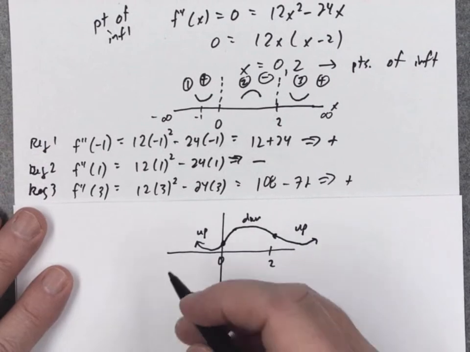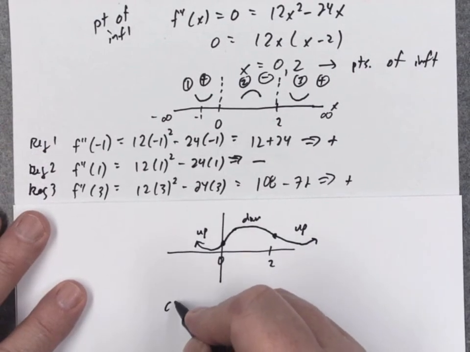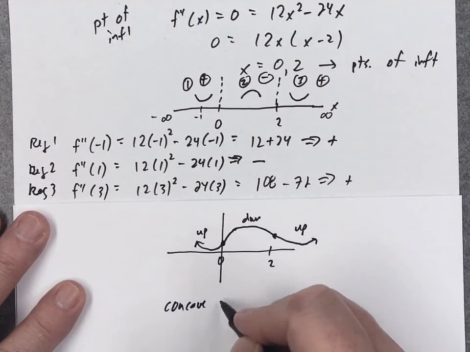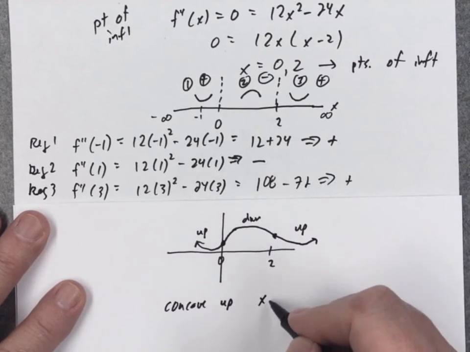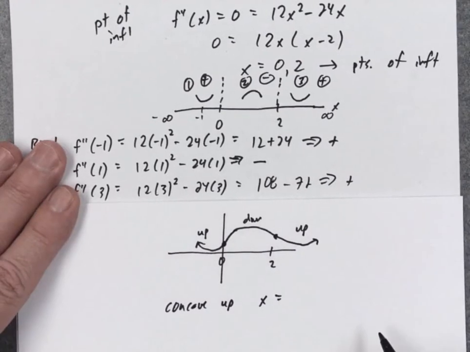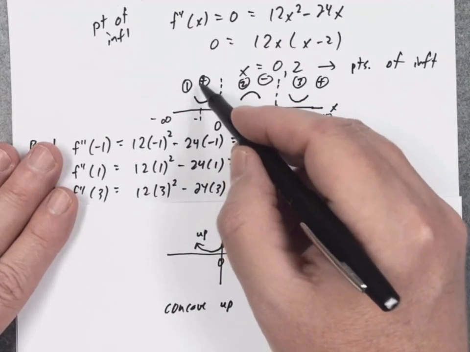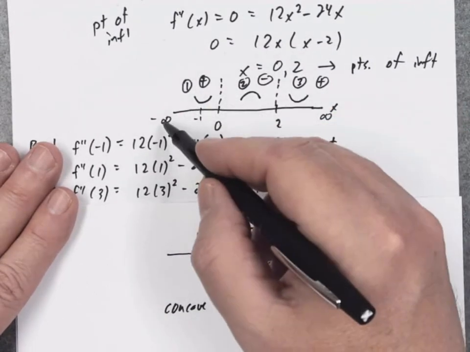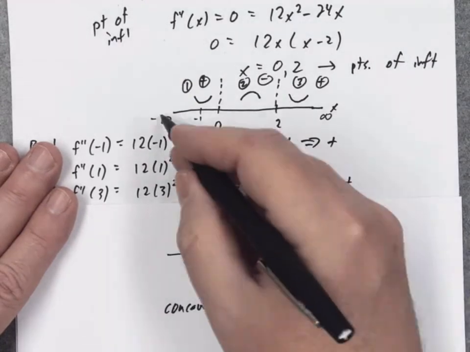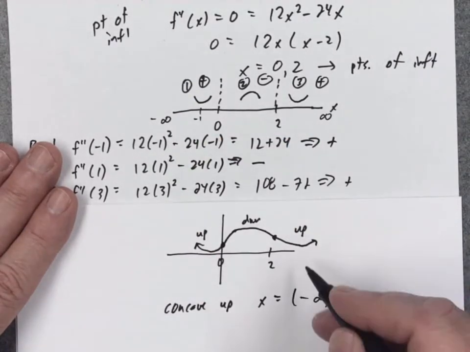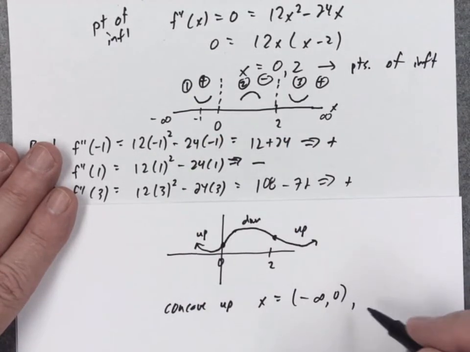So let's do the concave up. Where's concave up? Where is it positive? Regions 1 and 3. Region 1, x starts at negative infinity and it goes to 0.